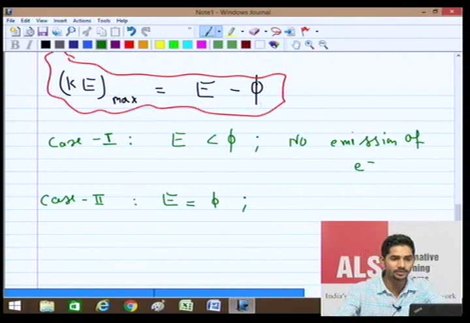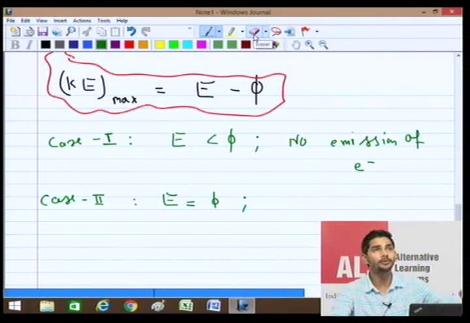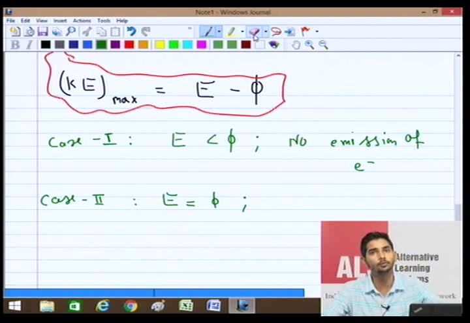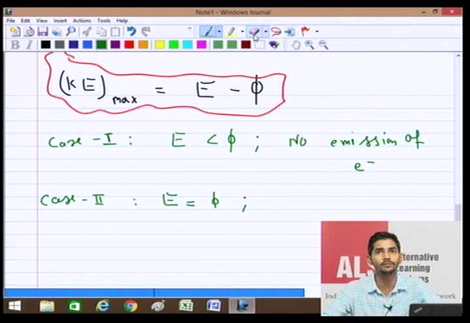So guys, look at this. Think about that example which I have just given you. That phi is the minimum energy. Let's say suppose 500 joule of energy you need to just eject the electron. At the 500 joule of energy, electron will come up at the surface.